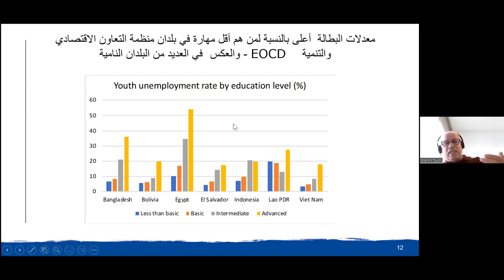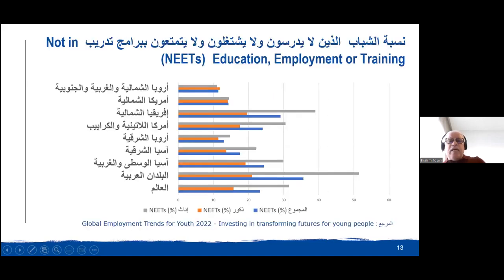Unemployment rates are proportional to training and educational attainment rates. Then we have what we call needs, not in education, employment, or training.